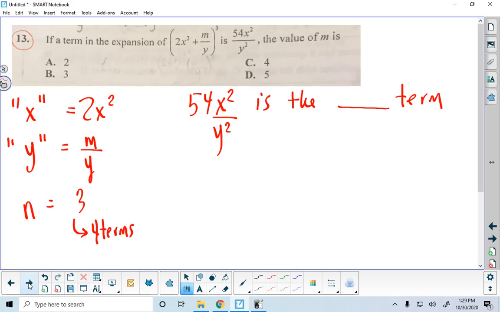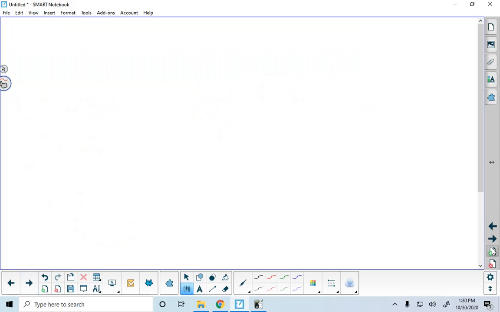And I think the quickest way to answer this question, which term number is that 54x squared over y squared, is to start expanding this thing out. And I'm just going to go to a different page to do this. We have 2x squared plus m over y, quantity cubed.